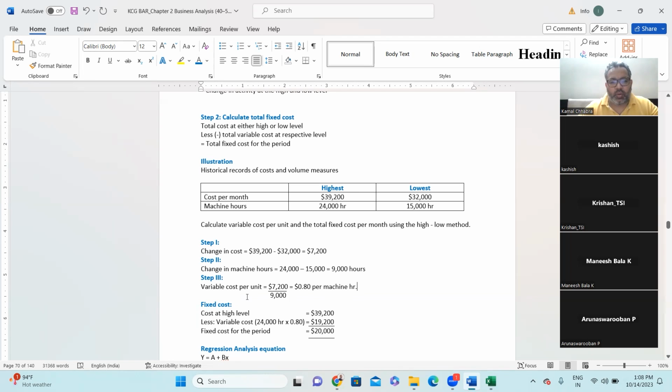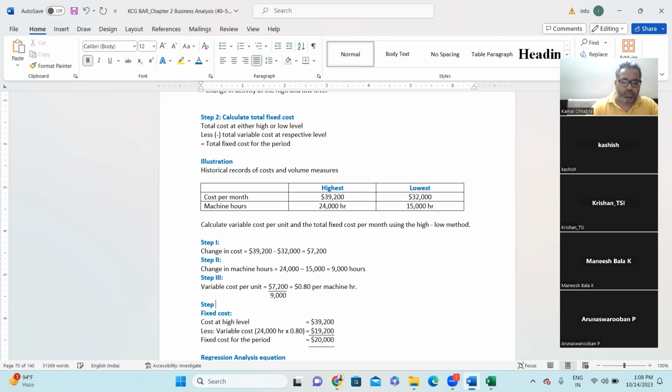Right? So step 4 is calculation of fixed cost. Fixed cost is equal to cost at high level minus variable cost: 39,200 minus 24,000 times 80 cents, 19,200. So this will give you fixed cost for the month. Make sense?